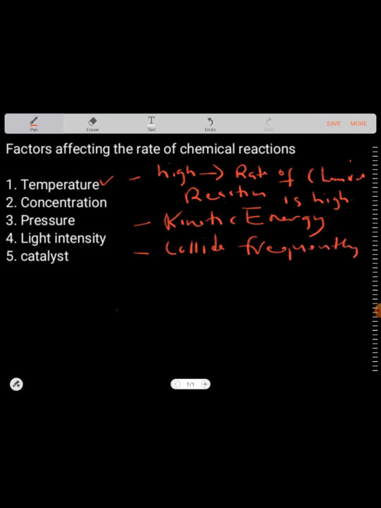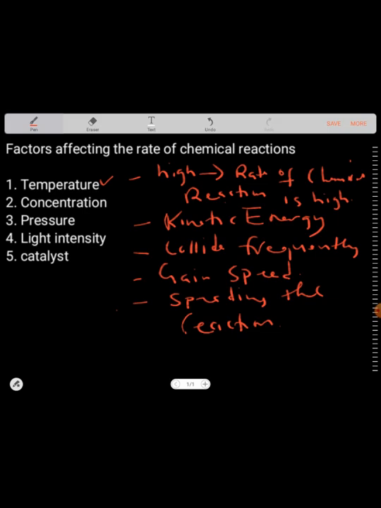As they collide frequently, they gain speed, in the process speeding up the chemical reaction. That is when the temperature is high.